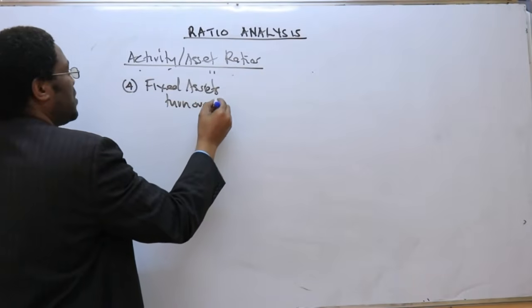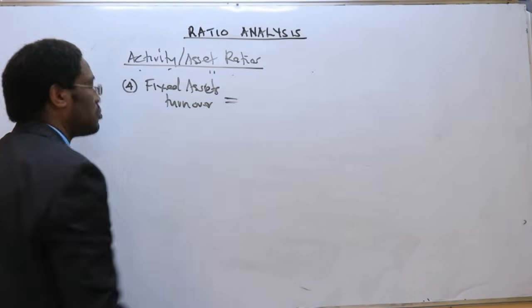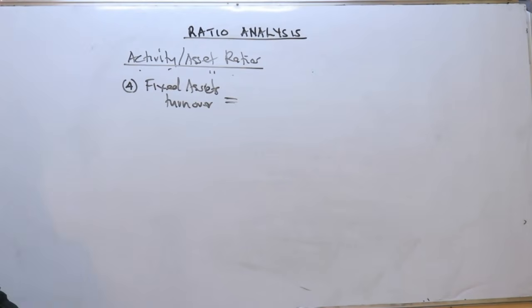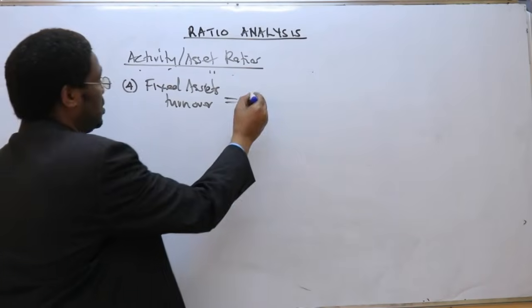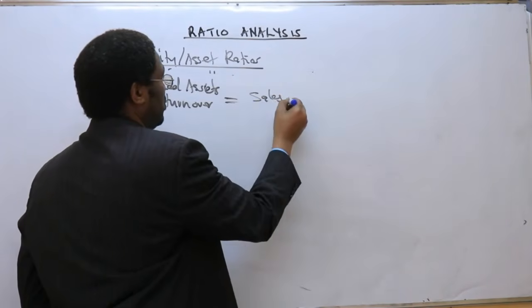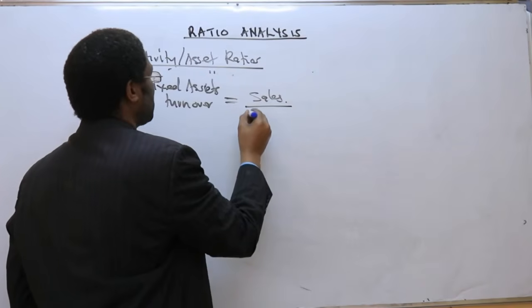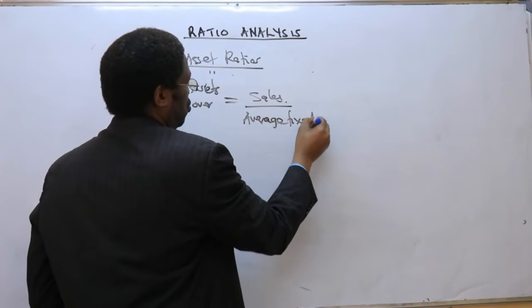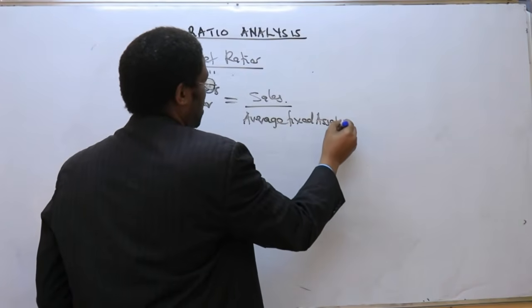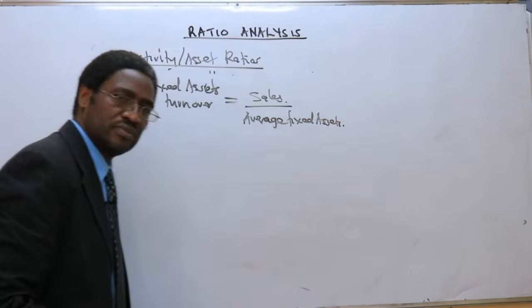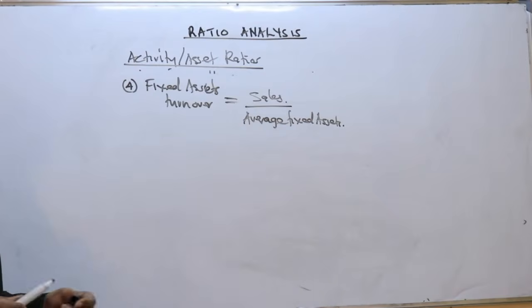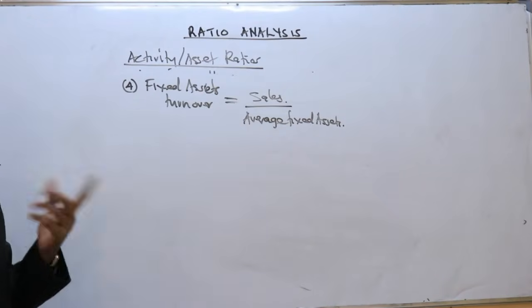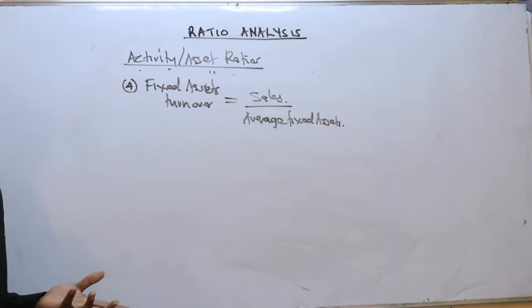How do we get the fixed assets turnover? You take the sales of the company and divide that by the average fixed assets.